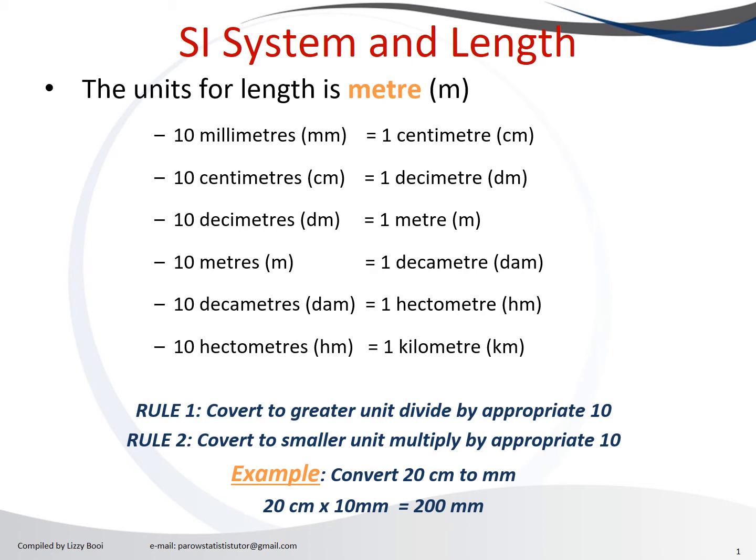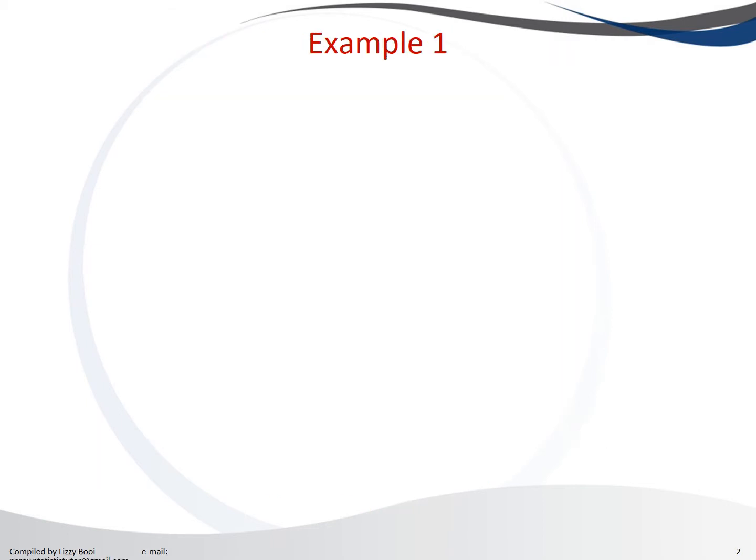Let's look at more examples. Let's convert 400 centimeters to meters. Now we need to know that we're moving from a smaller to a bigger unit, so it means we're going to divide. But this is how you can also simplify and solve or convert.